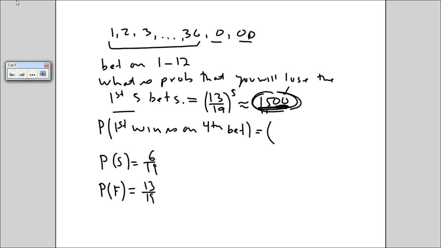So you are going to have 3 failures and then a win. The probability of failure is 13 over 19. Success is 6 over 19. Since the power is 1, you don't have to write it. You want to write it? Write it. And this is approximately 0.1012. That's the 4 decimal places. Okay, this is definitely a type of problem that you should be able to do.